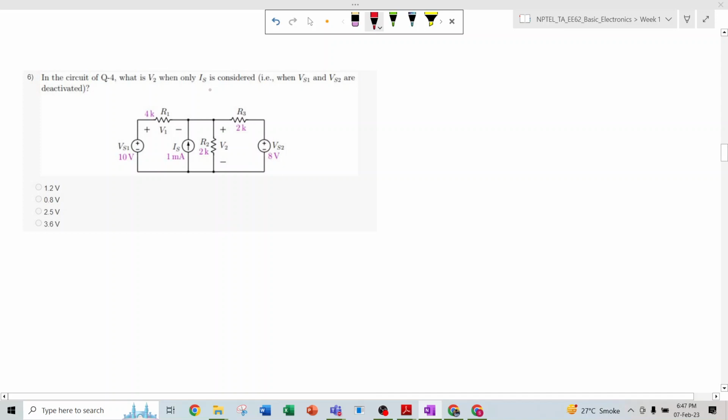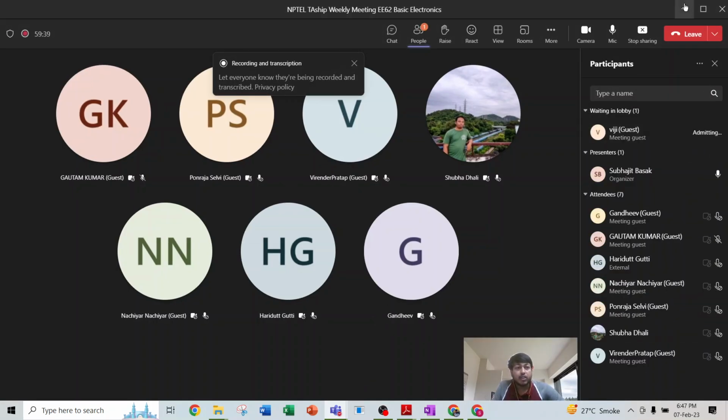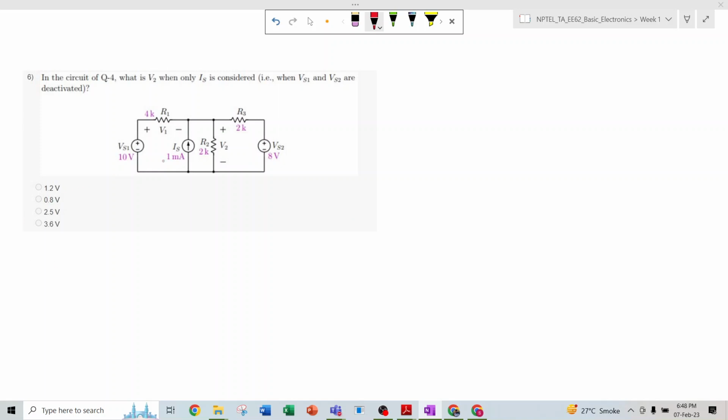Now we are considering only the IS to be activated and the rest of the things are deactivated. So VS1 and VS2 will be deactivated. When the voltage source is deactivated, it will be short. So here it is short.